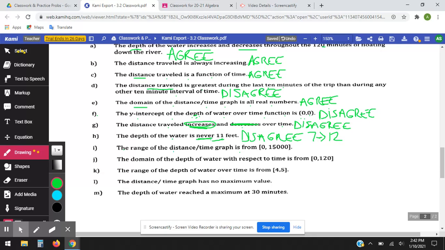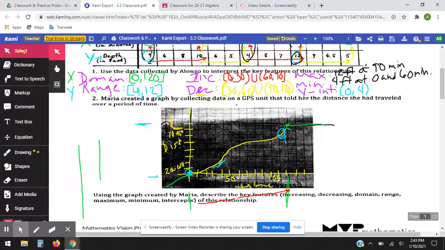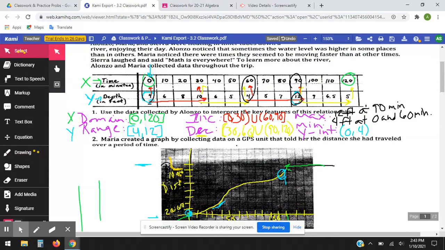I, the range of the distance time graph is 0 to 15,000. Nope, we said that was 16,000, wasn't it? So we're going to disagree. The domain of the depth of water with respect to time is 0 to 120. So the domain of our depth to time, so up here, is it 0 to 120?